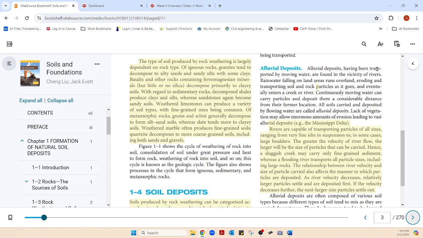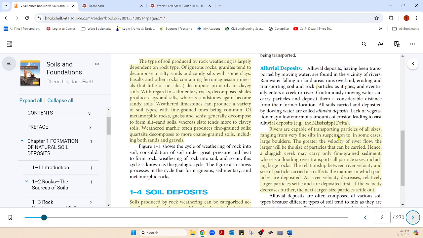Alluvial deposits, having been transported by moving water, are found in the vicinity of rivers. Rainwater on land areas runs over land, eroding and transporting soil and rock, rolling the pebbles up all the way up to boulders, depending on the flow rate of the river.